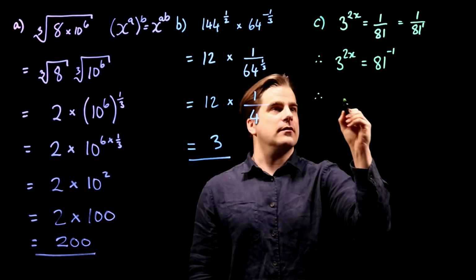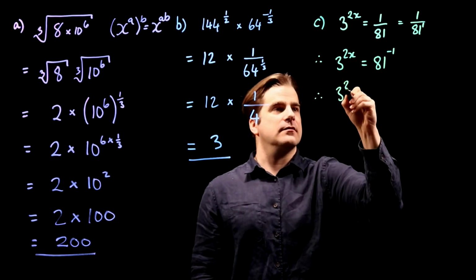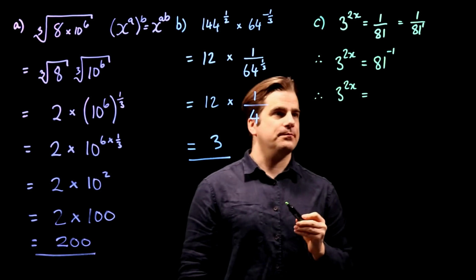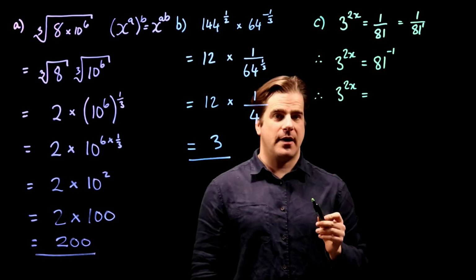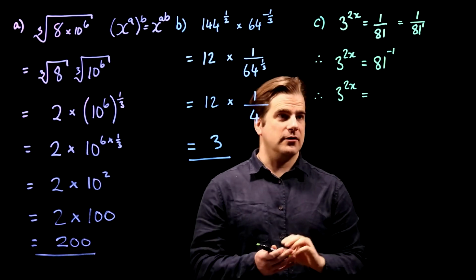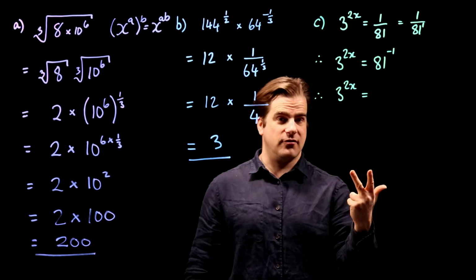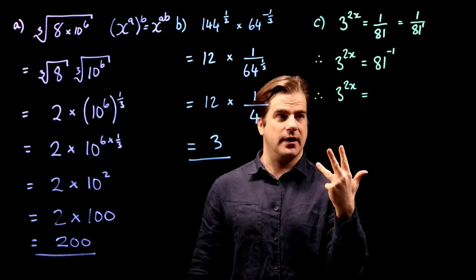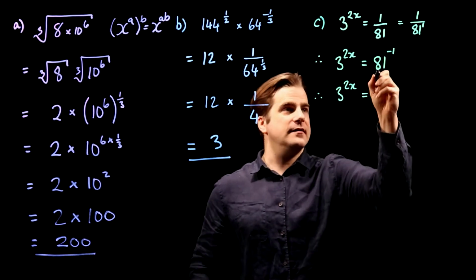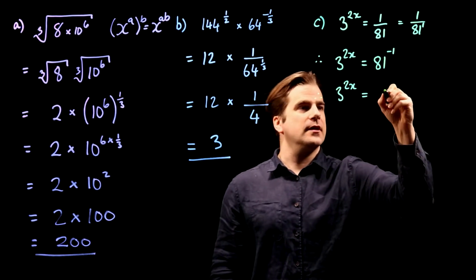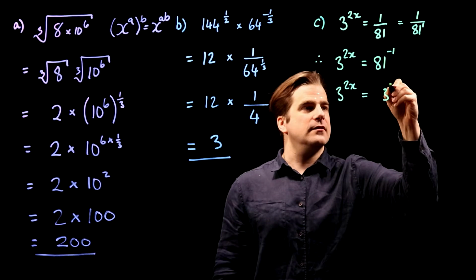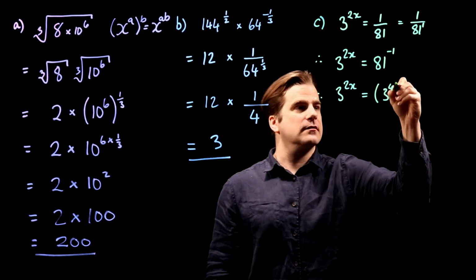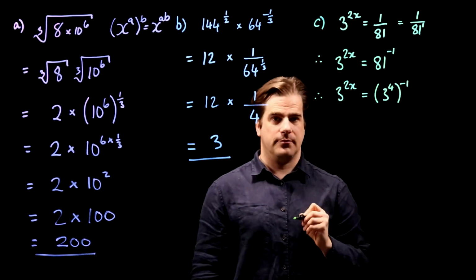Now, we could also say that 81 is 3 to the power of 4. Because 3 times 3 is 9, times 3 is 27, times 3 is 81. Okay? So we're going to replace 81 with 3 to the 4. So that's 3 to the power of 4, that's 81, all to the power of minus 1.